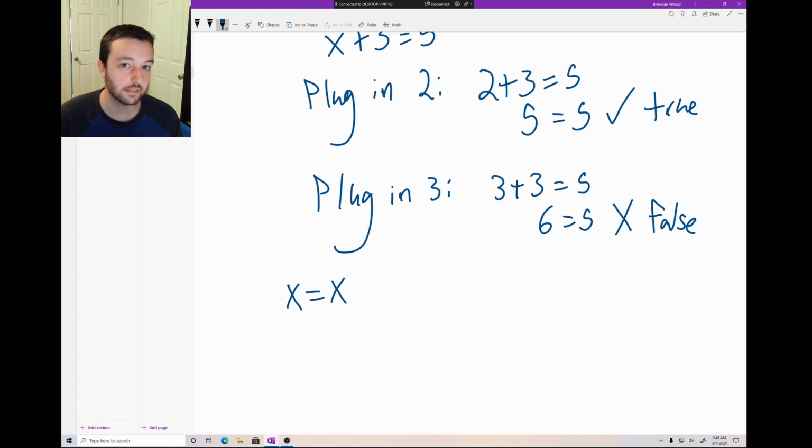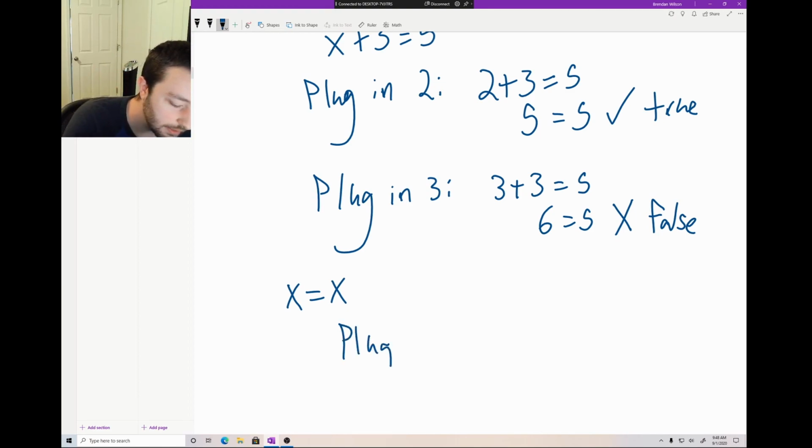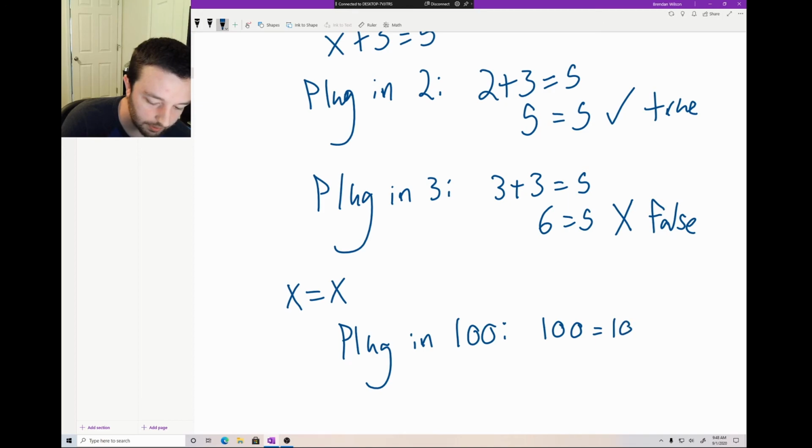The other x is an expression, and this is just a statement that they're equal. So what is a solution to this? Well, if we plug any number in for x, say 100, then we're going to get 100 equals 100, right?